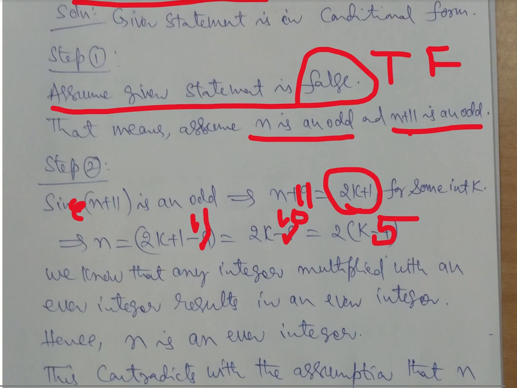Any number that is multiplied with an even number such as 2 will always result in an even number. We have seen that in several problems so far. So when I multiply k minus 5 with 2, irrespective of the value of k, I will always get an even integer, maybe positive or negative, like 2, 4, 6, 8.